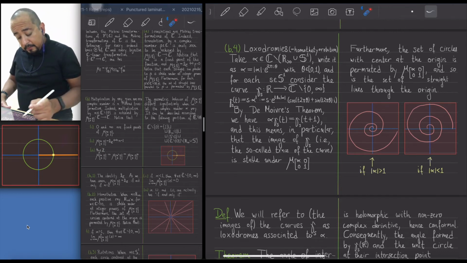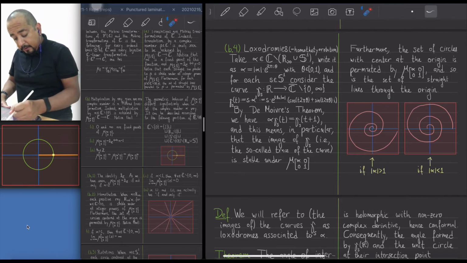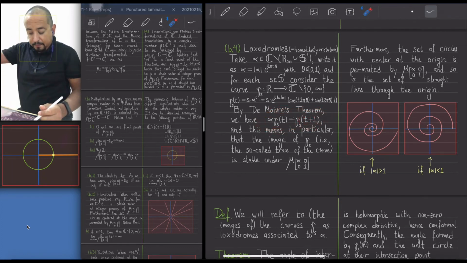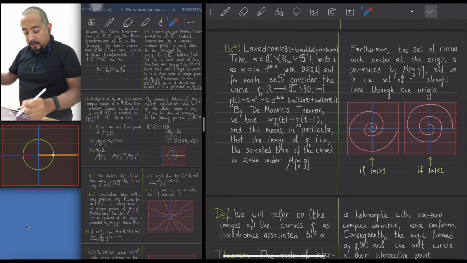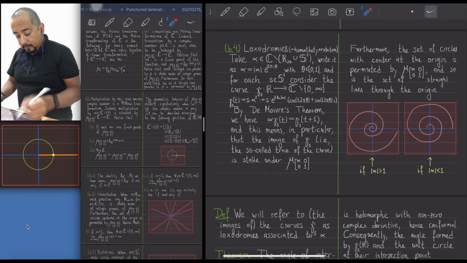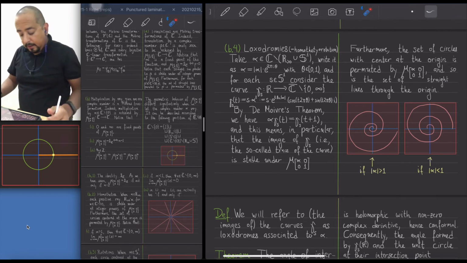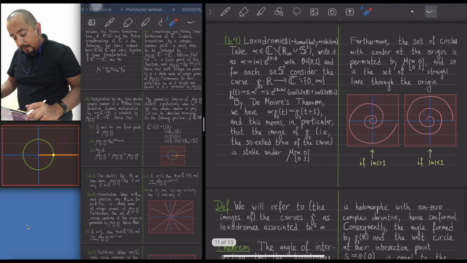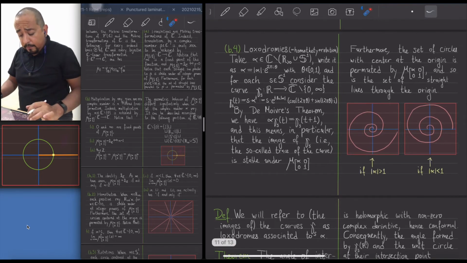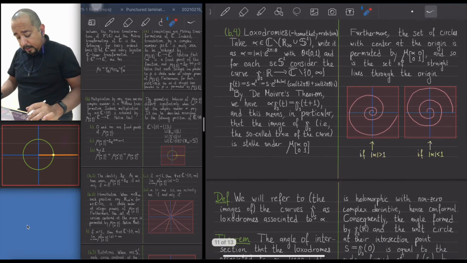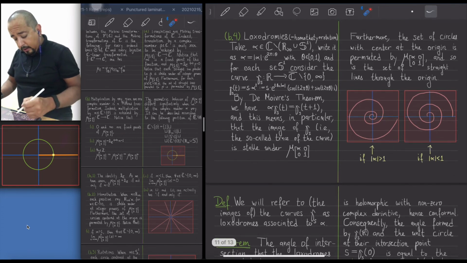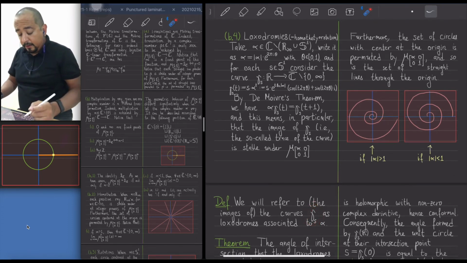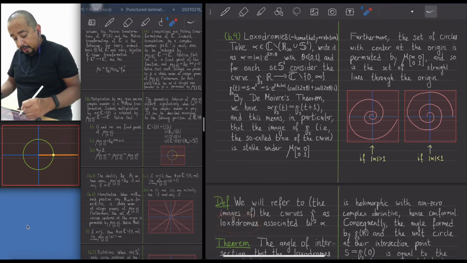Right, because when t increases, multiplying by alpha adds 1. So if you keep multiplying by alpha, the limit is you are letting t increase. Okay, so now some terminology. These curves or their images are going to be called the loxodromes associated to alpha.